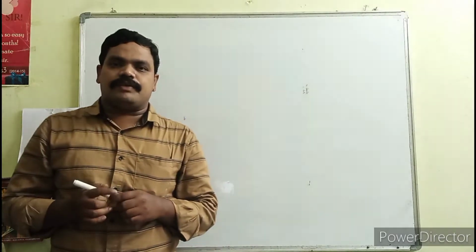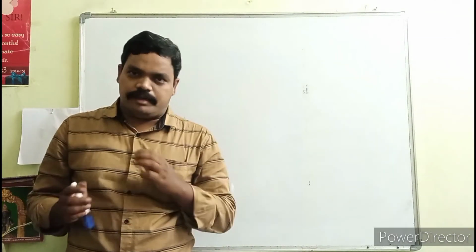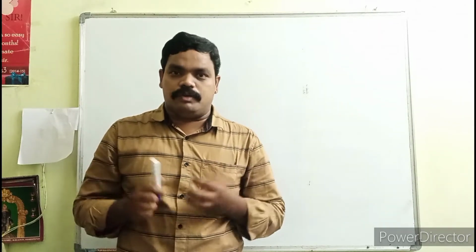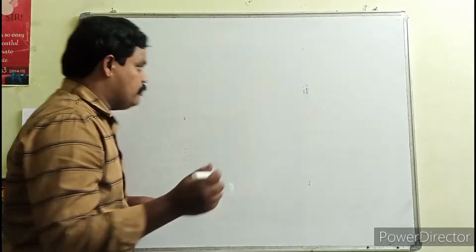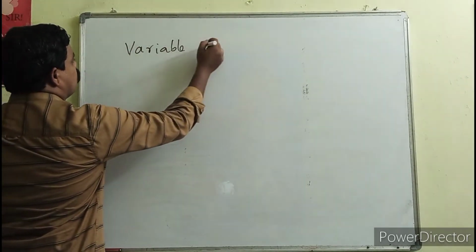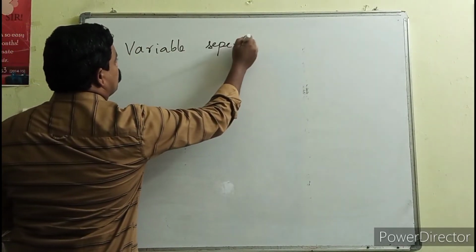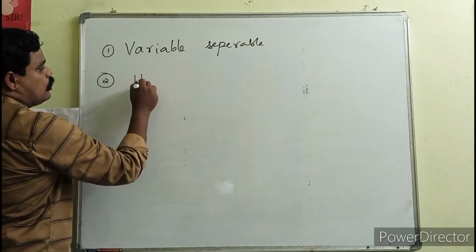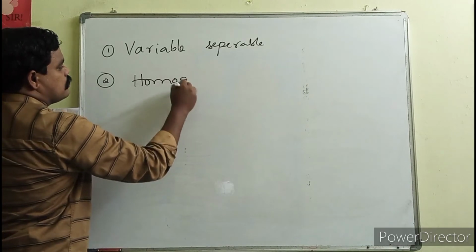Next, in differential equations, there are three models at the intermediate level. The first one is variable separable. The second one is homogeneous.